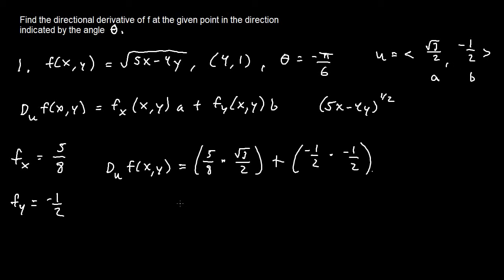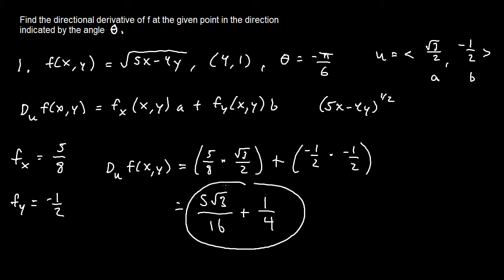So when I simplify, we will get 5 times the square root of 3 over 16 plus 1/4. And so that's the final answer.